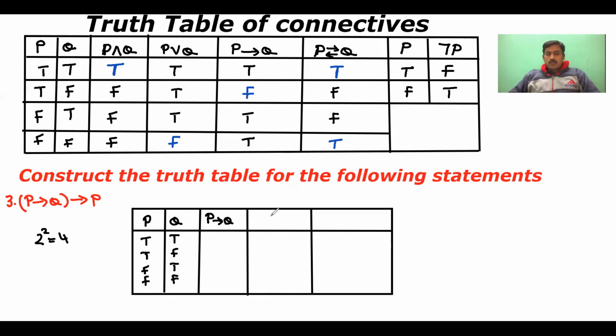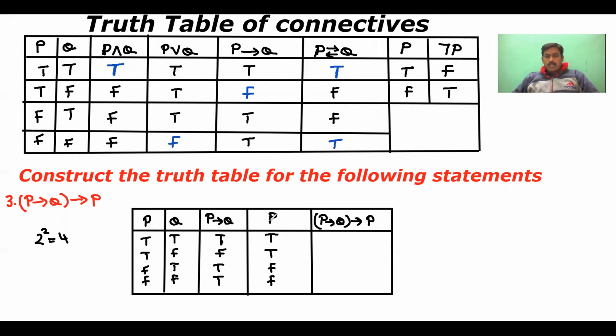We can rewrite once again the P here, and finally if P then Q then P. Now I can write the if P then Q term: T then T is T, T then F is F, remaining terms all T, and P I can write as it is, that is T T F F.